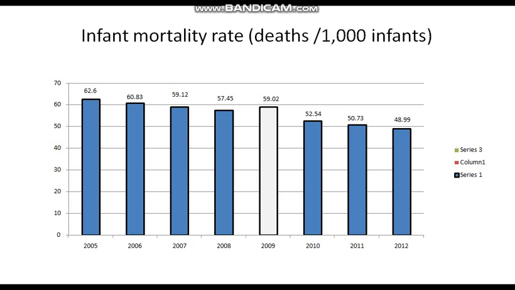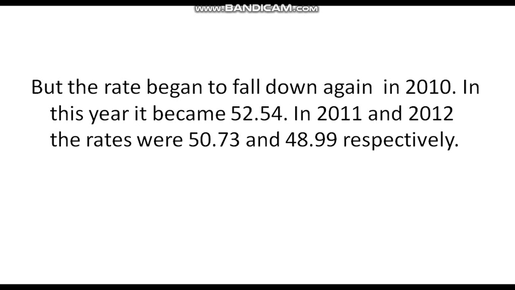From the chart we see both sides in 2008 and in 2010 the rates were lower than 2009, so it is an exceptional year. We have described it exceptionally, and last we are going to describe the years 2010, 2011 and 2012, and we shall write in this way.